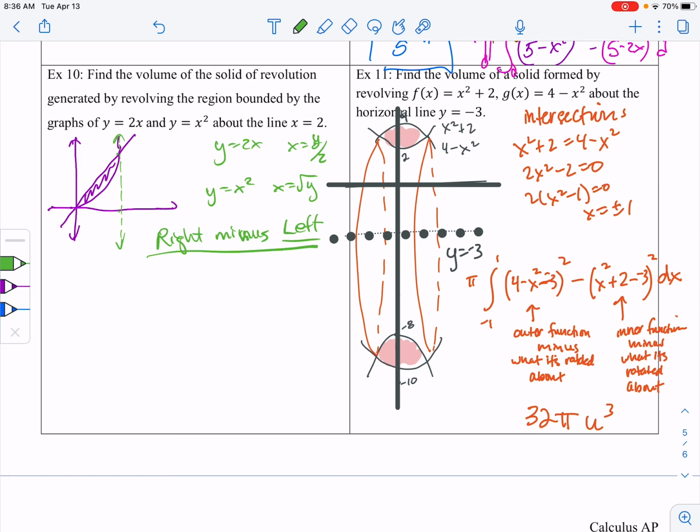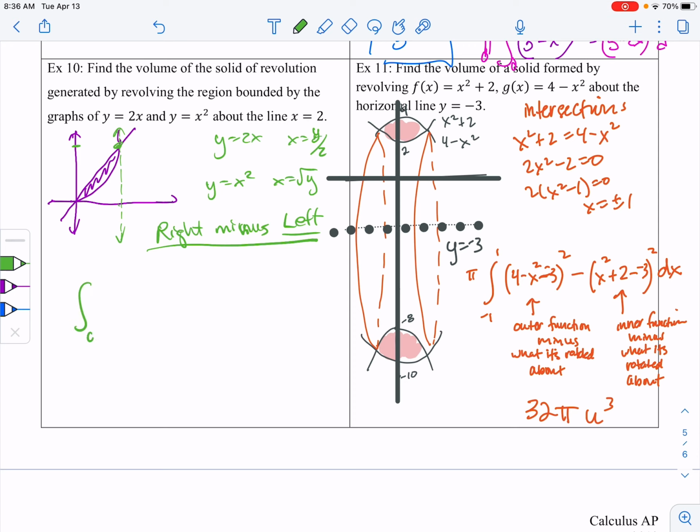Okay, so now I'm integrating. I have to know that point right there. Well, x is 2, y is 4. So I'm going to integrate from 0 to 4. This is the same as rotating around the y-axis because it's a vertical line. The pi's on the outside. My big R is from 2 to this line right there, so it's 2 minus, and what did we say that was? Y over 2.